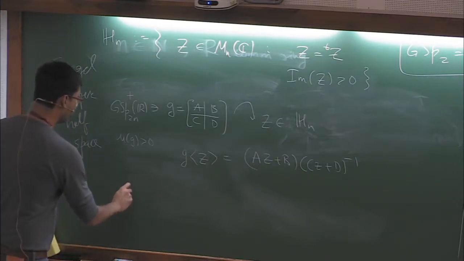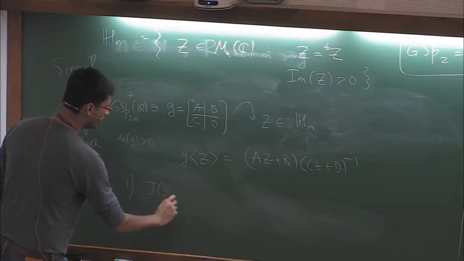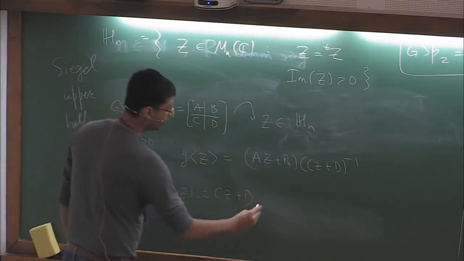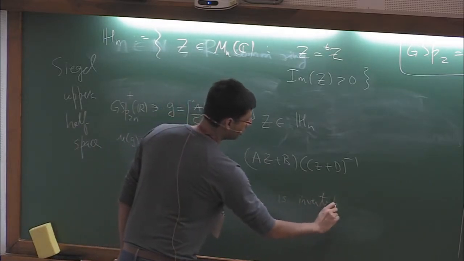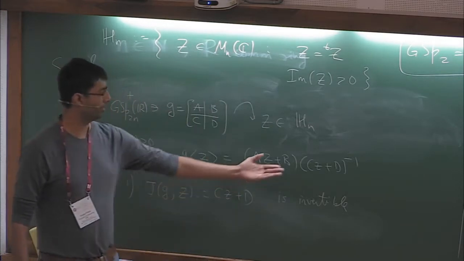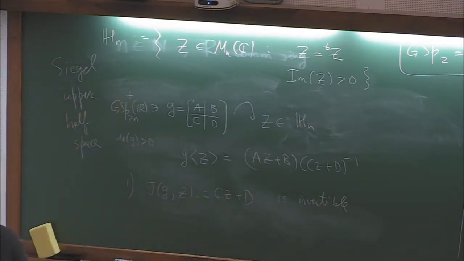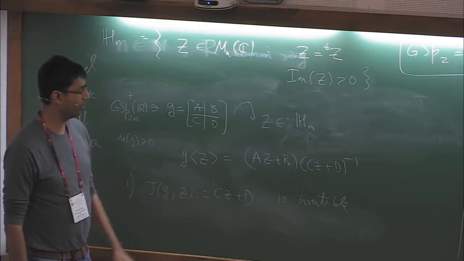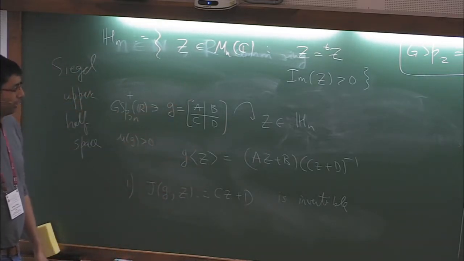For example, if you denote j(g, z) to be Cz plus D, the first thing you have to show is that this is invertible. Because if this matrix is not invertible, you can't even write this. This is not very complicated, some basic linear algebra using the fact that things are positive definite, and so on.